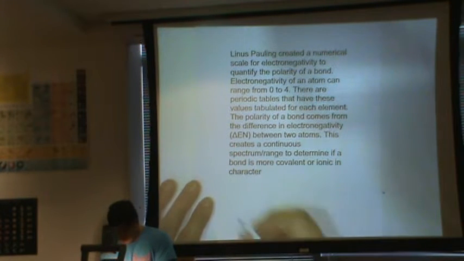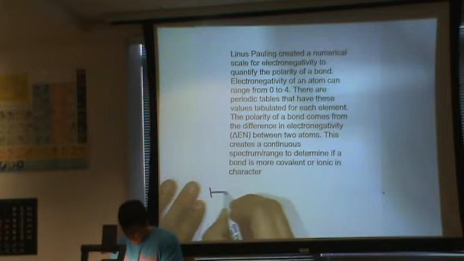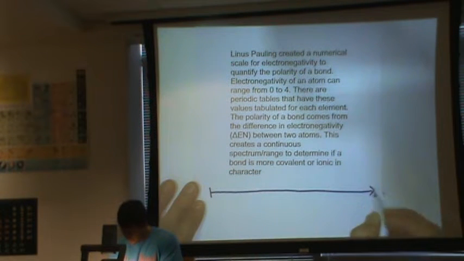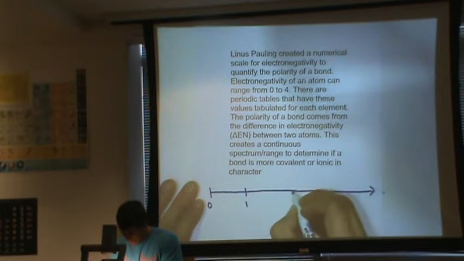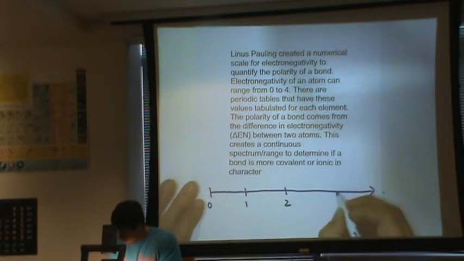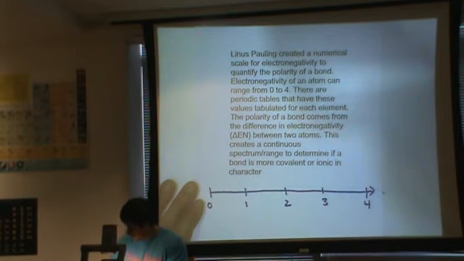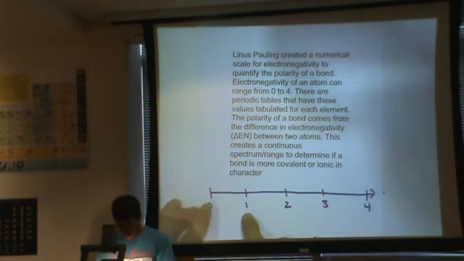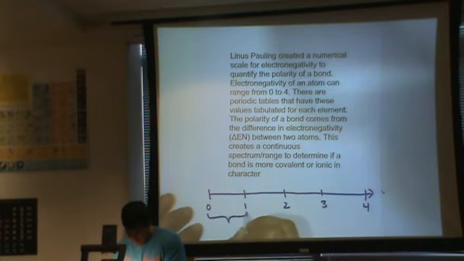And so, depending on the value that you get between two atoms coming together, you get this spectrum from 0 to 4, where if you have values between 0 and 1, then this bond is very covalent in character.